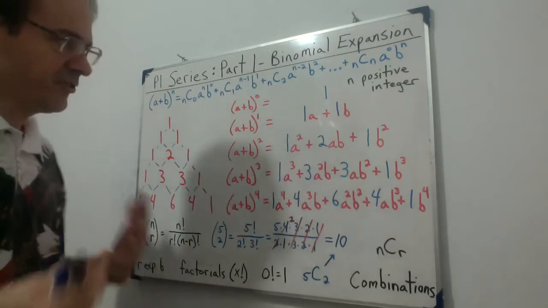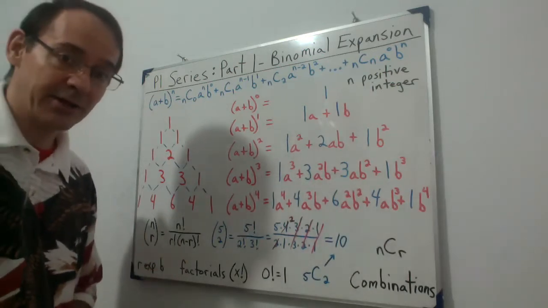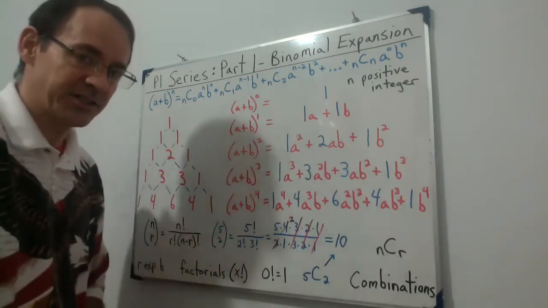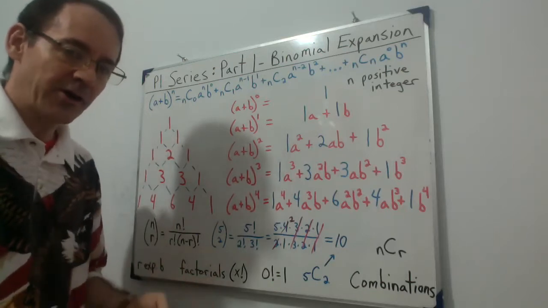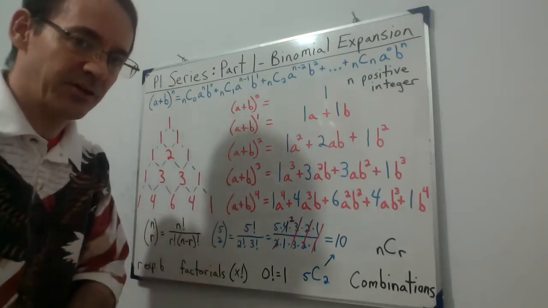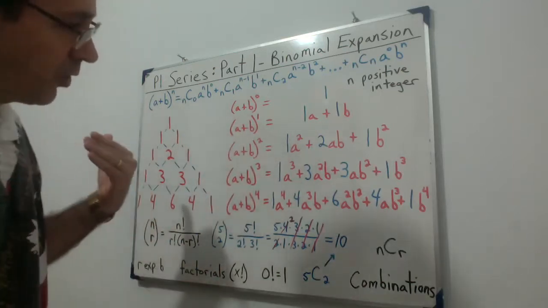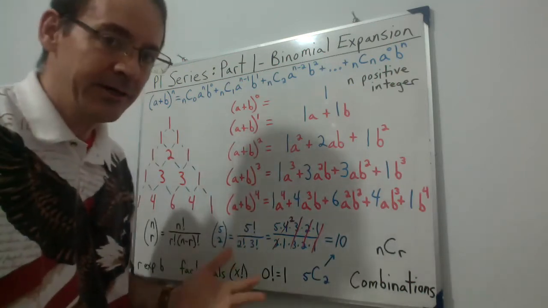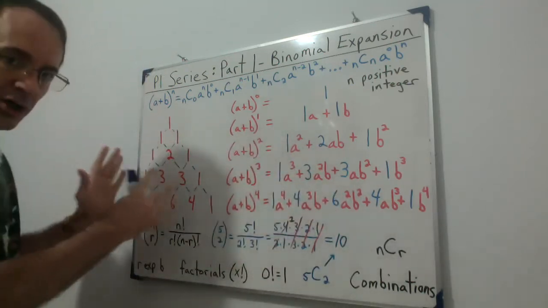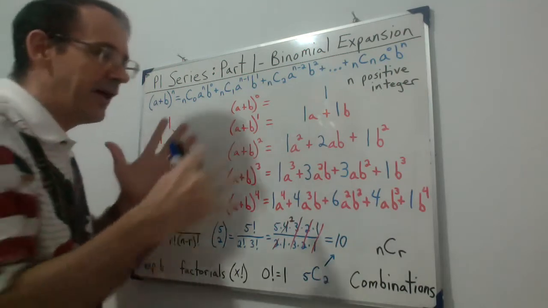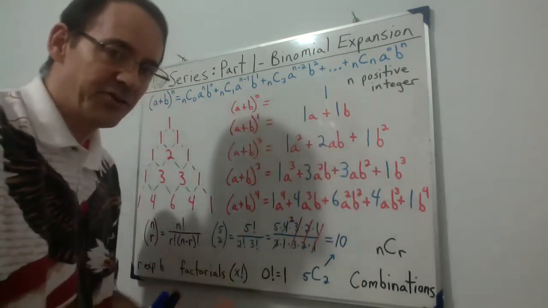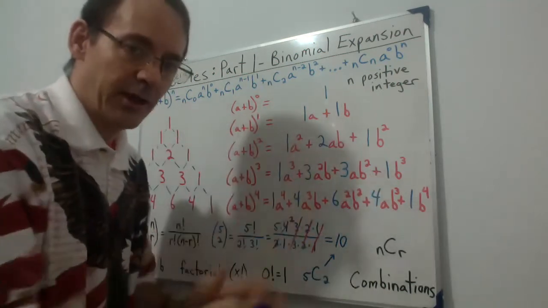Now, let's start looking for patterns in this expansion. These patterns are going to help us when we get to the skill part. Okay? So there's one pattern that deals with the coefficients, and there's another pattern that deals with the variable exponents.